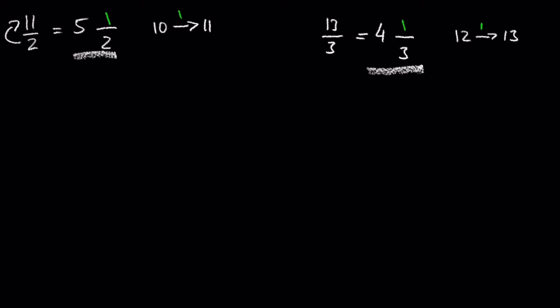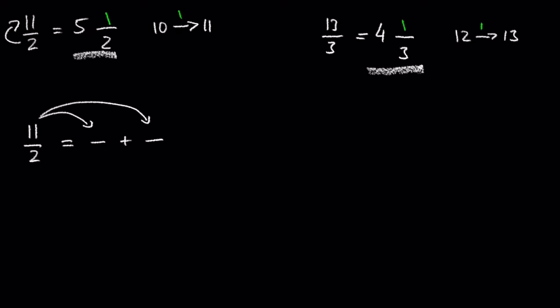Let me show you another method on how to convert improper fractions to mixed numbers. The first step is to break up the 11 into two numbers. Your first number is going to be as big as possible and divisible by 2 without a remainder.